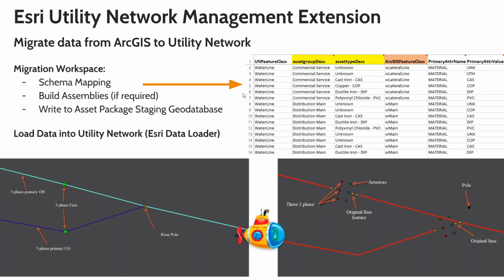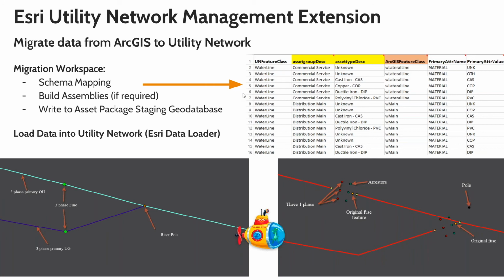There's two levels of migration, basic and simple. Basic is really just moving the data across, so that's more of a big schema mapping process. For more complex workflows, particularly in electric, we call those a simple conversion. More complex structures are built.